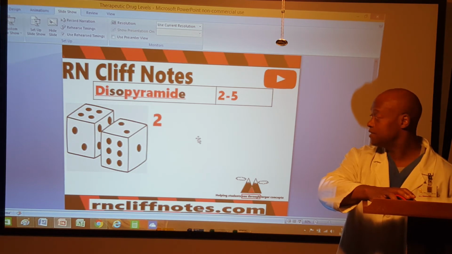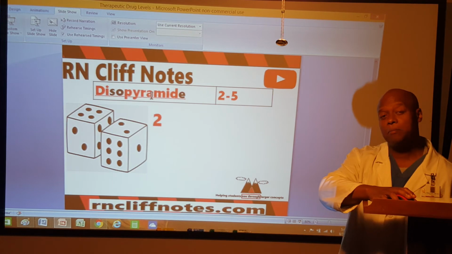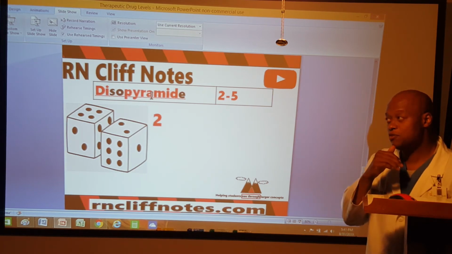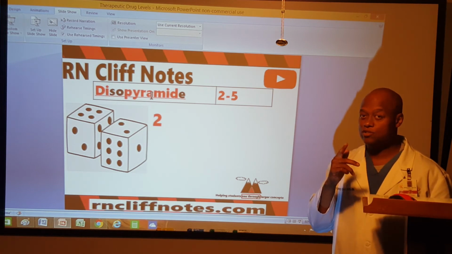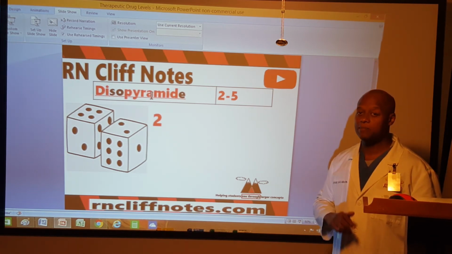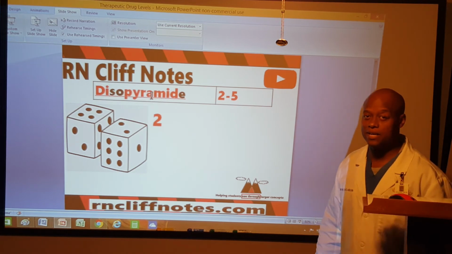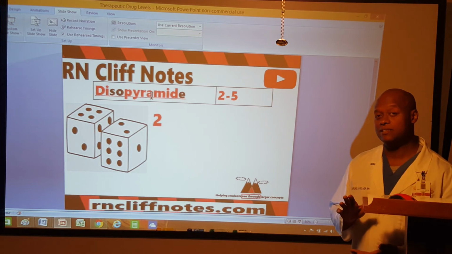If we say disopyramide, the other thing to do is to look at the word pyramid. For those of you familiar with the pyramid shape, how many faces and corners does a pyramid have? Make sure you count the base.